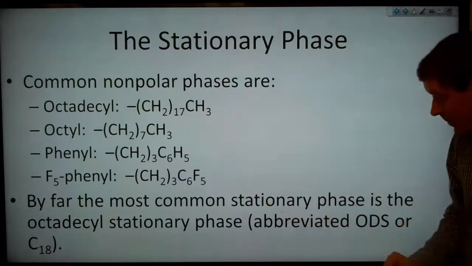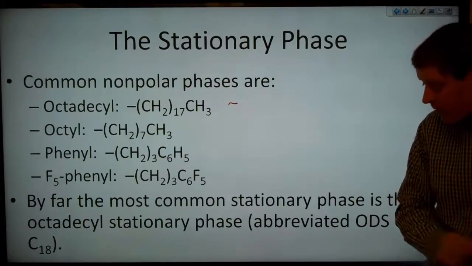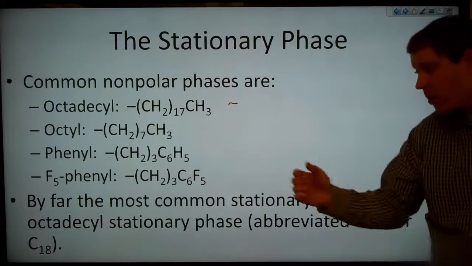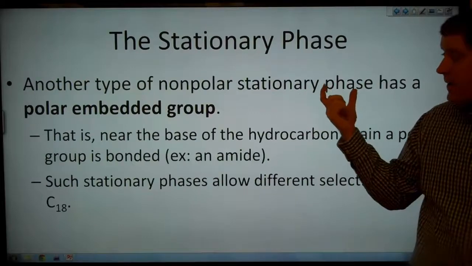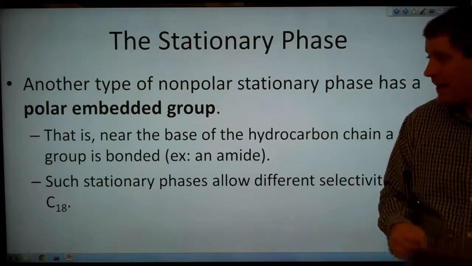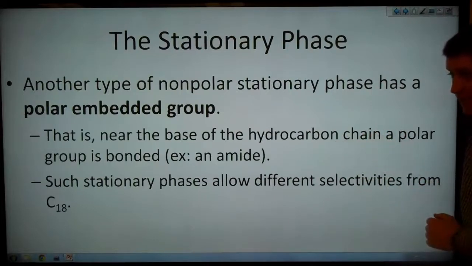And by far the most common stationary phase is that octadecyl stationary phase, this one here, which is abbreviated ODS or C18. Another type of nonpolar stationary phase has a polar embedded group. That is, near the base of the hydrocarbon chain, a polar group is bonded, for example, an amide.